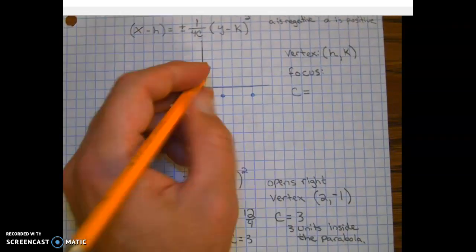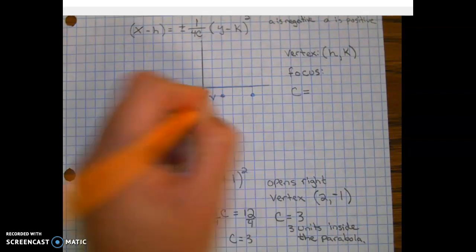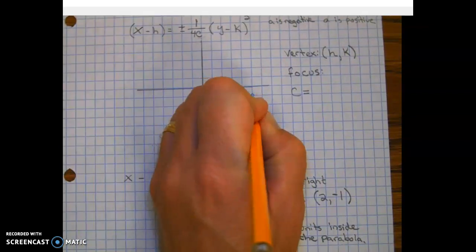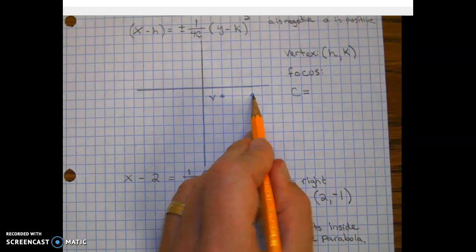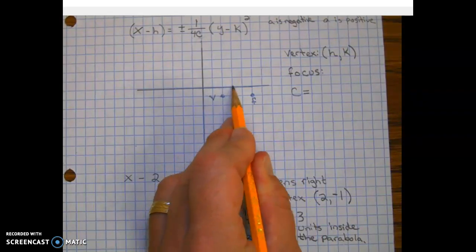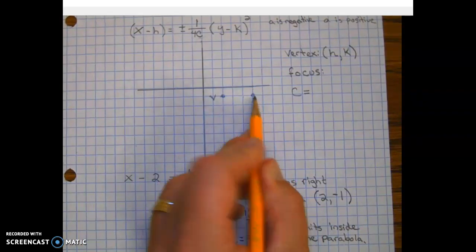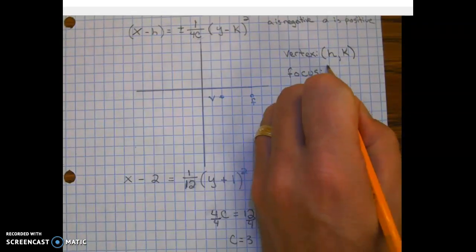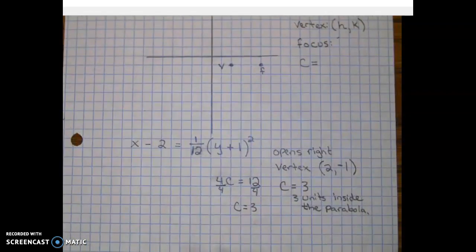Okay, so now we have the vertex, we have the focus, and the coordinates of our focus is going to be 5, -1. I'll write that down here.